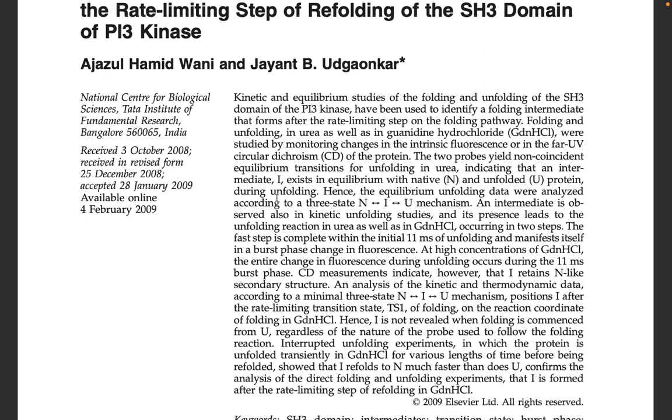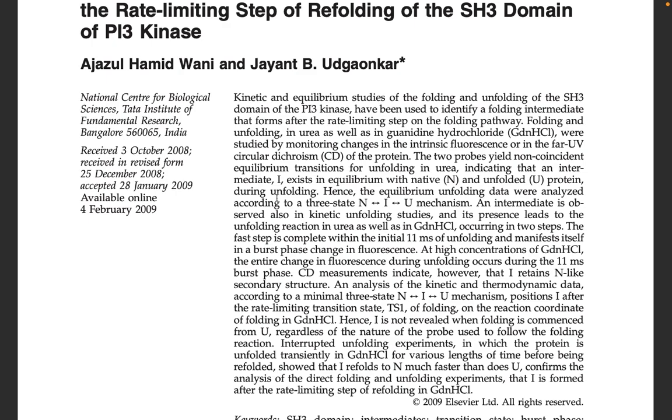So let's suppose during unfolding the tertiary structure is unfolded completely, but some secondary structure remains in the unfolded conformation, or even at a urea concentration which is midway. So what will happen? You will have a conformation that is stabilized at that particular urea concentration.